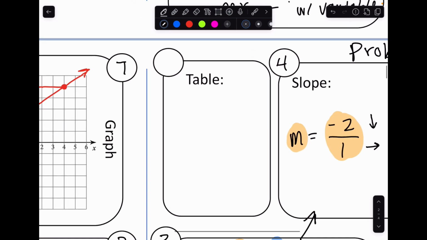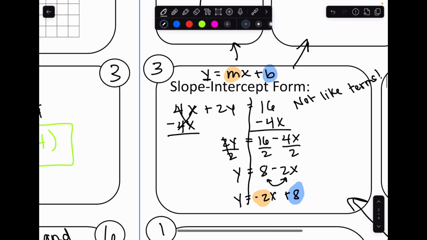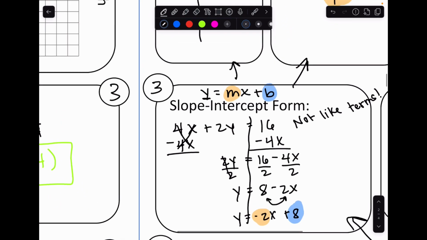Okay. Now let's write our table. We also get this from our slope-intercept. So our table, again, we have x, y. We know one point from our b. Remember the point we can write from our y-intercept?